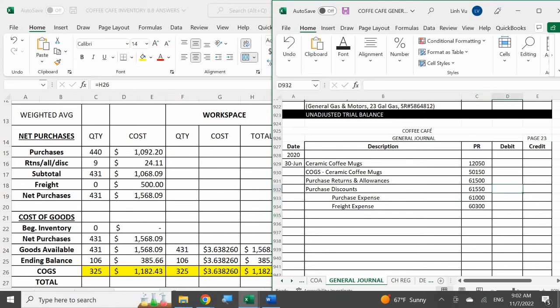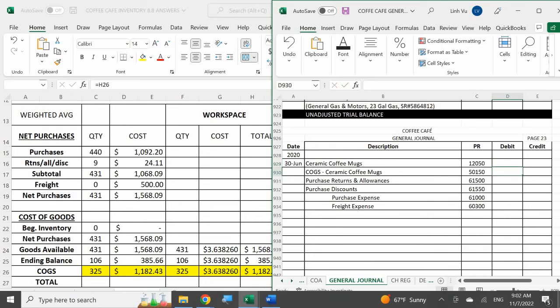Okay. So let's plug our numbers in. What was the value of my ending balance? 1,182. Okay, so remember, that is your cost of goods sold that you're looking at.